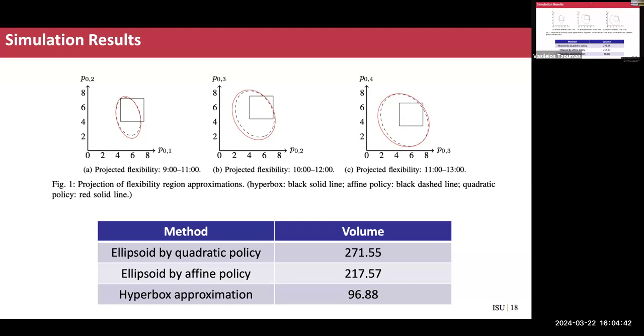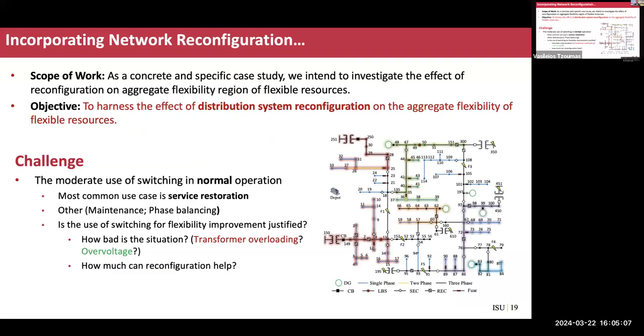But in general, this quadratic policy is able to characterize a larger volume than the ellipsoid using affine policy, as it should be expected. And both of them outperform the original hyperbox approximation that we used. So here are the simulation results. Any questions up to this point?